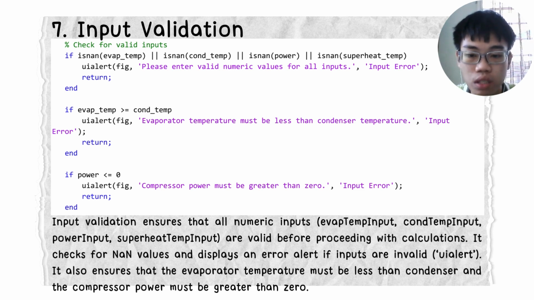It will check for NaN values and display an error alert if the inputs are invalid by using the code UI alert. It will also ensure that the evaporator temperature must be less than the condenser temperature, and also the compressor power must be greater than 0.